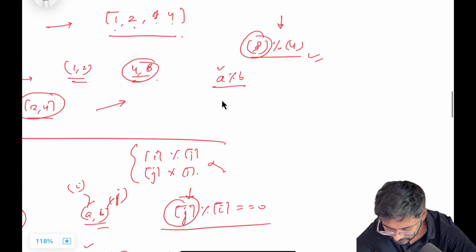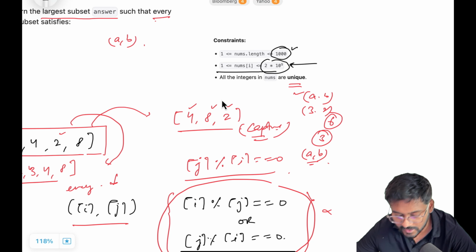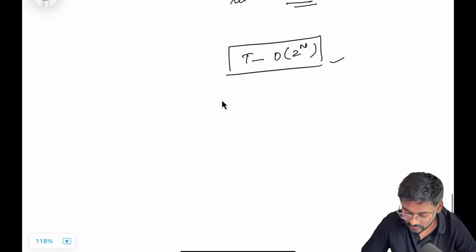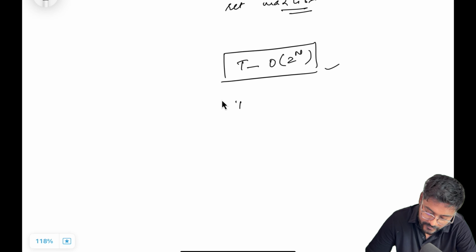And n is going till 1000, but the previous element can be till 10 to the power 9. So if we just take a multiplication of that, 10 to the power 3 into 10 to the power 9, so we'll have around quadratic time.